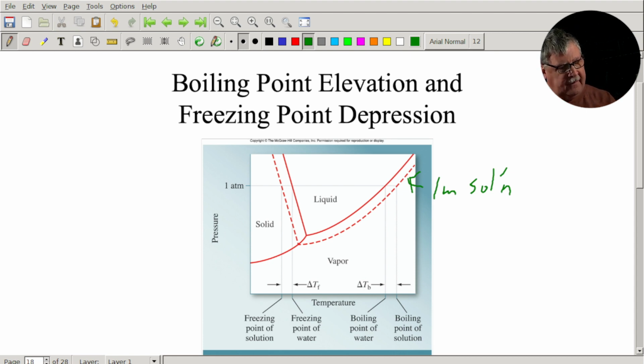What do I observe? What happens to the freezing point of this solution with respect to that of pure water? And what happens to the boiling point of this solution with respect to that of pure water? What is this telling us? Does the freezing point go down, or does it stay the same, or does it go up?